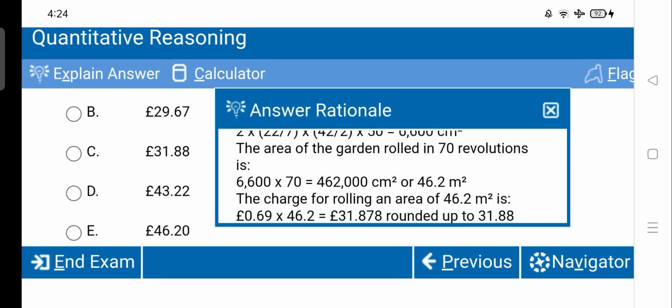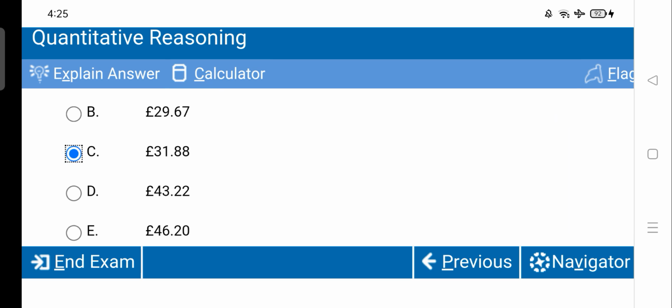So the charge for rolling an area of 46.2 meters squared is 0.69 pounds multiplied by 46.2 equals 31.878 pounds, rounded up to 31.88. So the correct response is option C.